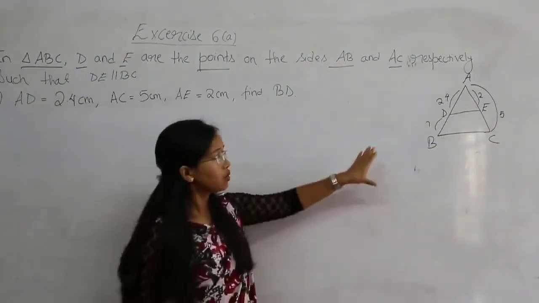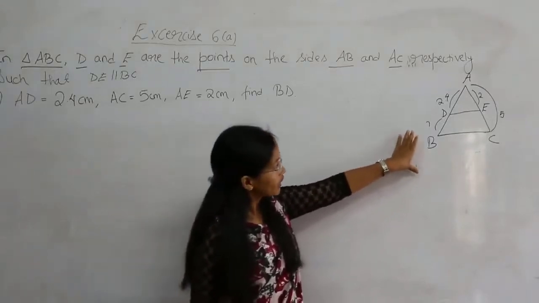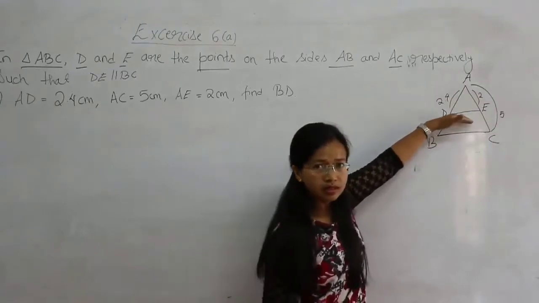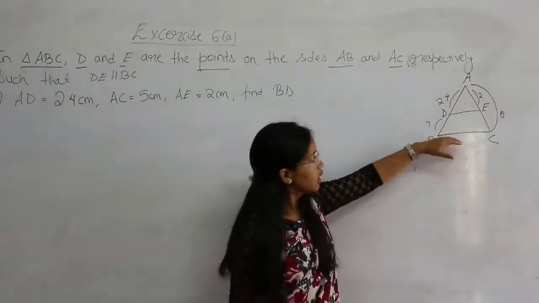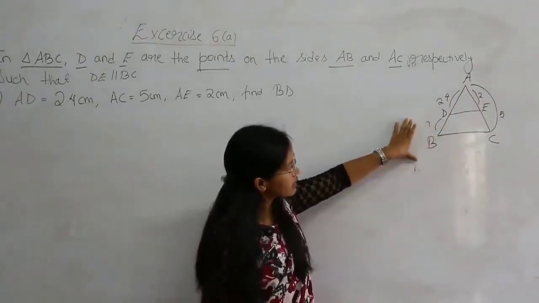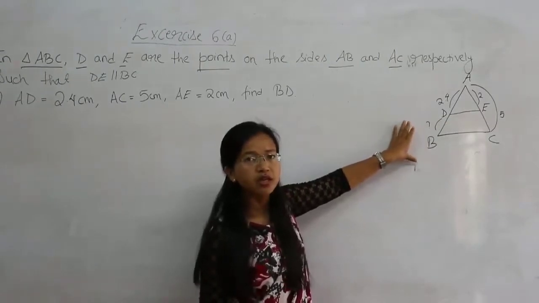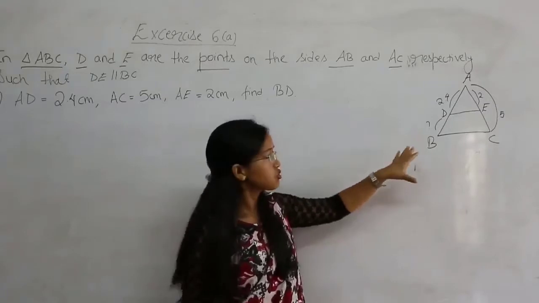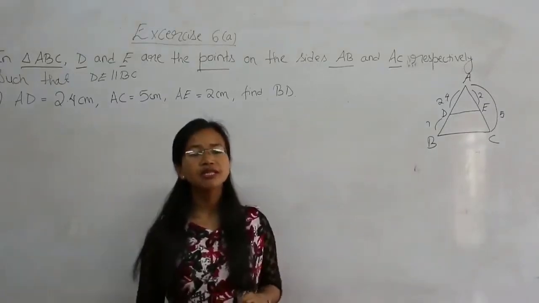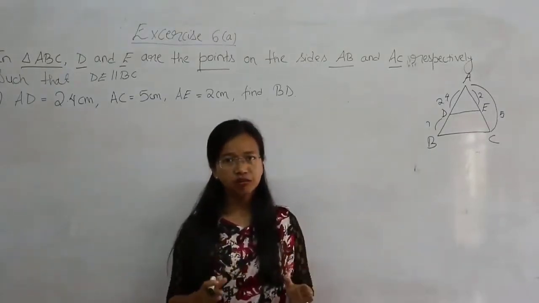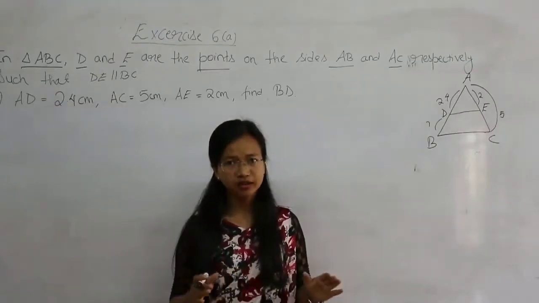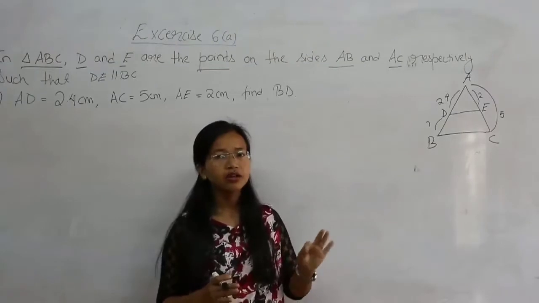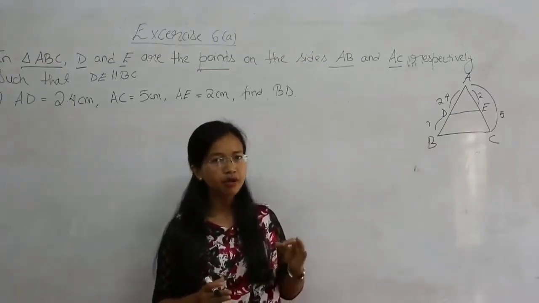Alright, so how will we solve this question? We can see here that in triangle ABC, DE is parallel to BC. So clearly this can be solved by using Thales theorem, right? Just to recall, Thales theorem states that if a line is drawn parallel to one side of a triangle, intersecting the other two sides at distinct points, then the other two sides are divided in the same ratio.